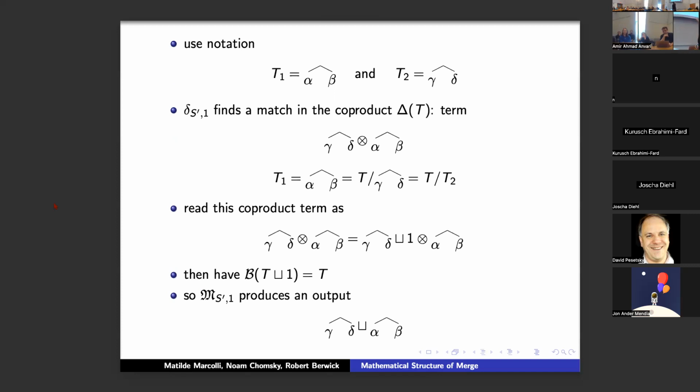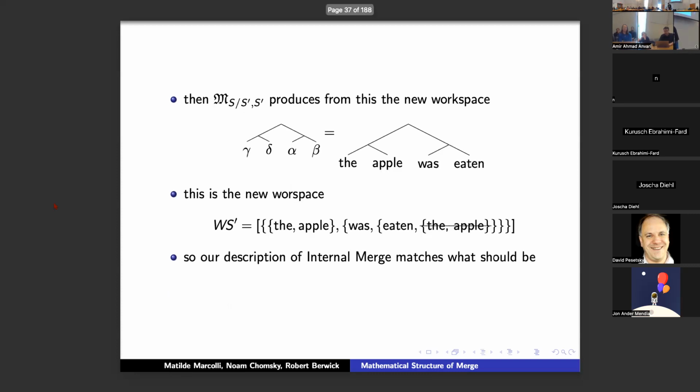I think of it in this form. So I get a new workspace. This is the first operation that I said. I get a new workspace which now has these two components that I want to merge together. The next step is I merge these two. So this does what it is expected to do.